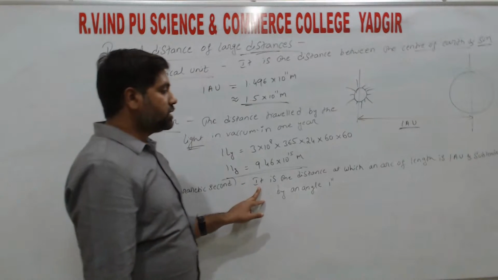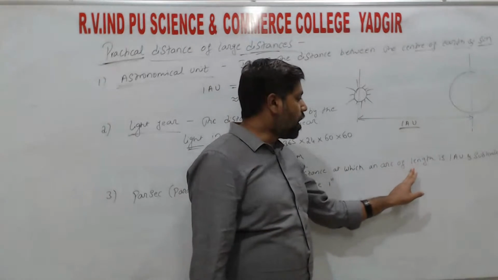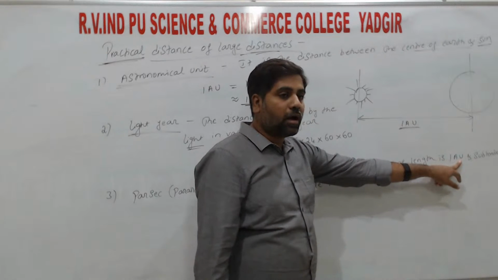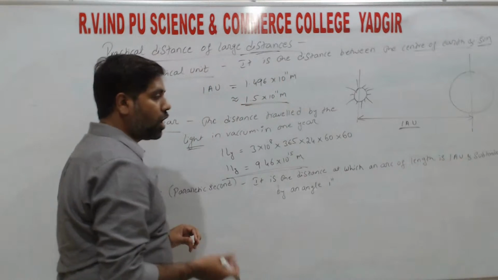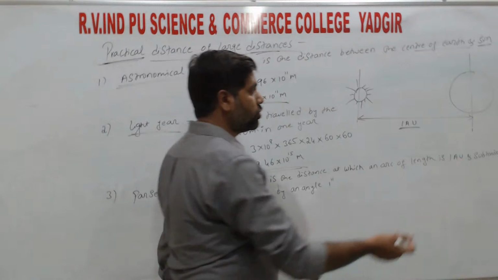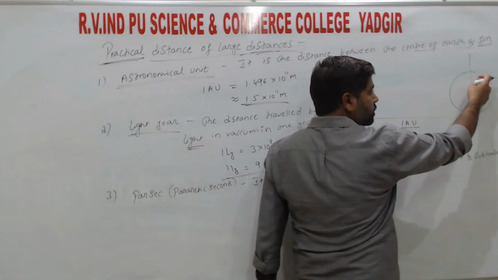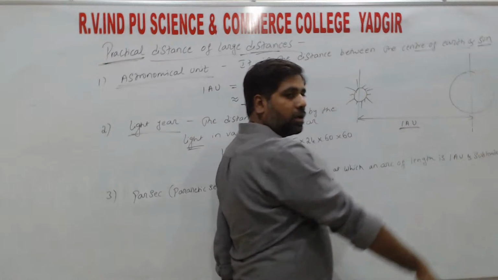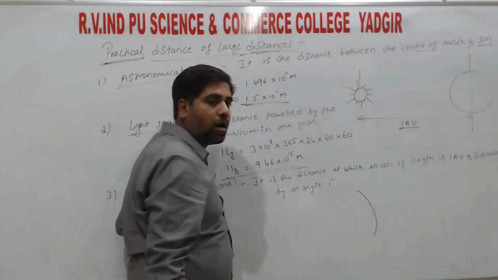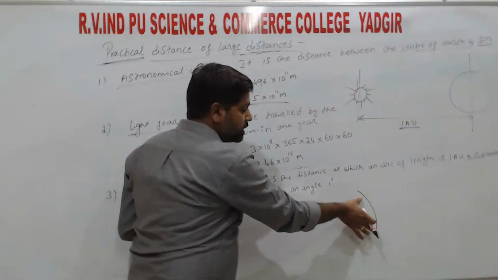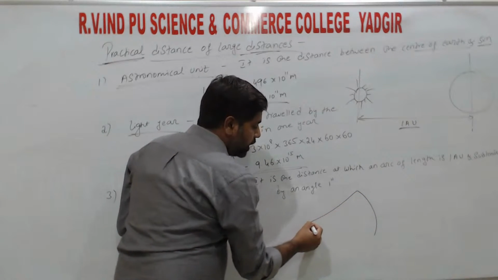So it is the distance at which the arc of the length is 1 astronomical unit, right? So that is the distance. So arc, if we bisect a circle, what do we call that length? Arc length, right? So if we consider this is the arc, this arc will meet at a point.